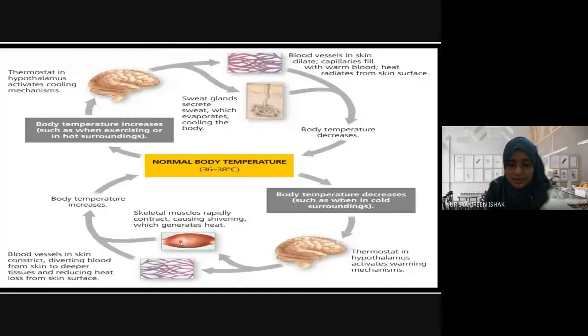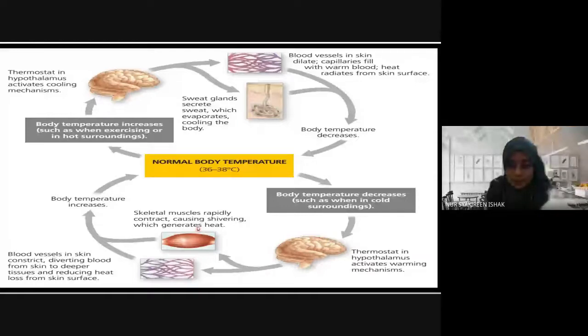This causes the skeletal muscle to contract rapidly, okay, causing shivering. So rapid contraction of the muscle cells generates heat. Okay, so it increases cellular respiration. Cellular respiration increases the production of ATP so that the muscle can contract rapidly, and that process also releases heat, okay, to warm the body.